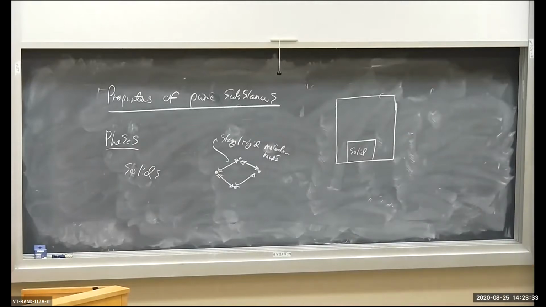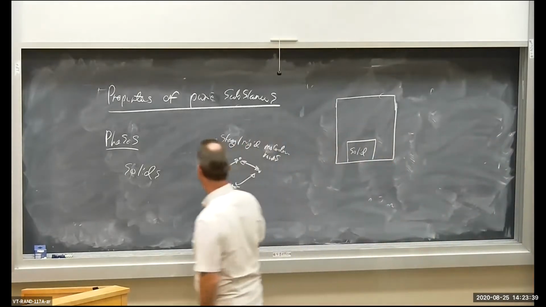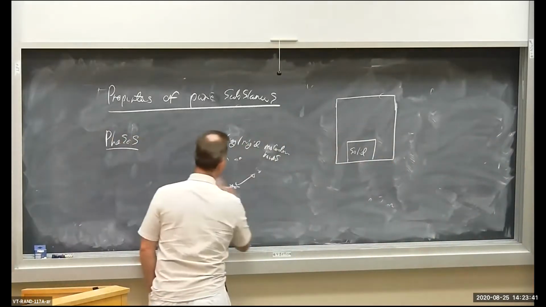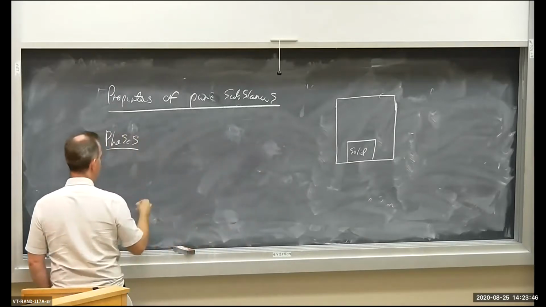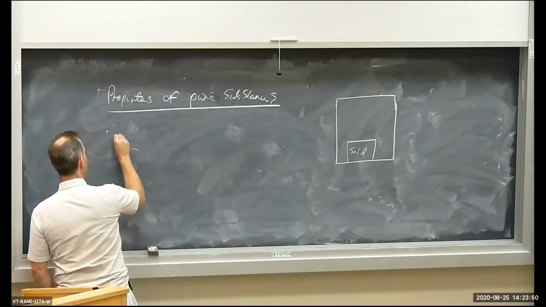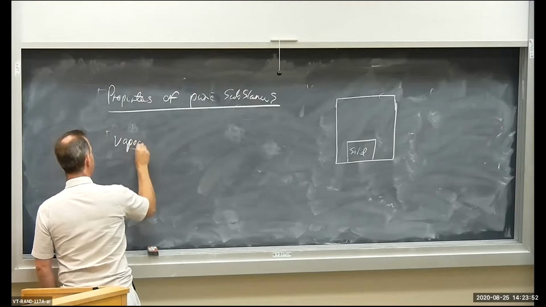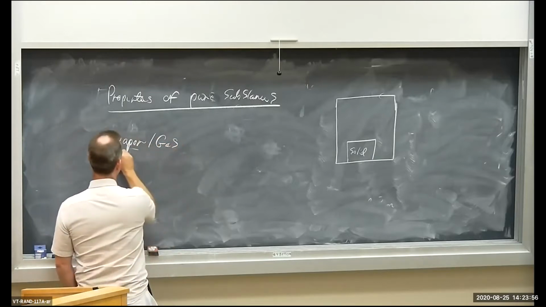Now, what about a gas? Well, similar to a liquid, it conforms to the inside of the container, except it does not form a free surface. So we have vapor, or if you like, a gas, okay? Vapor or gas.